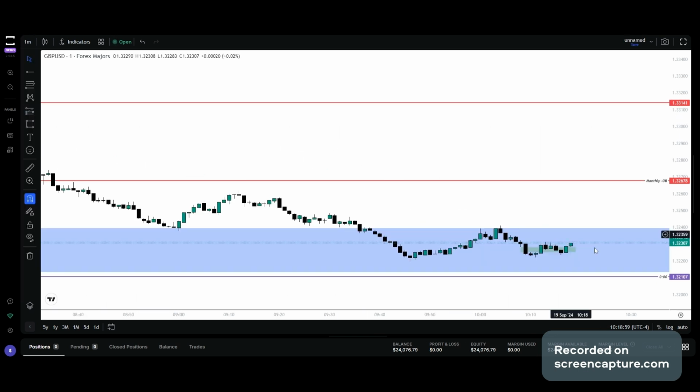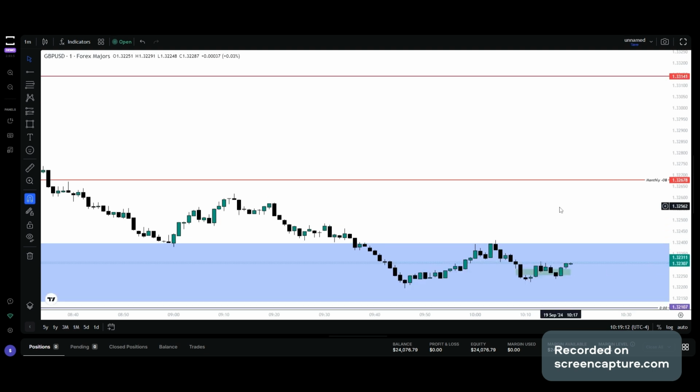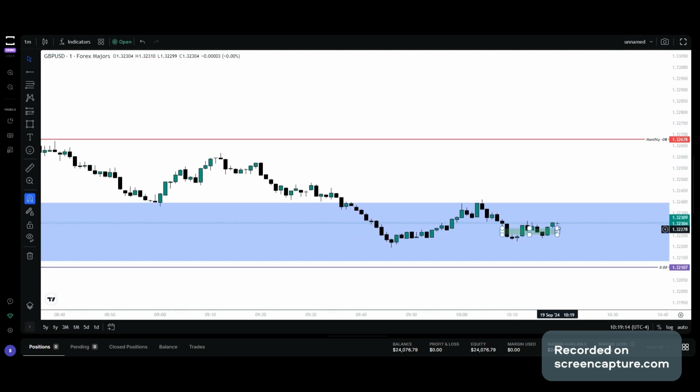Back to the 1-minute. So we can see here price is consolidating around this 1-minute imbalance that I have annotated with a green rectangle. But order flow does look to be transitioning bullish now on the 1-minute.